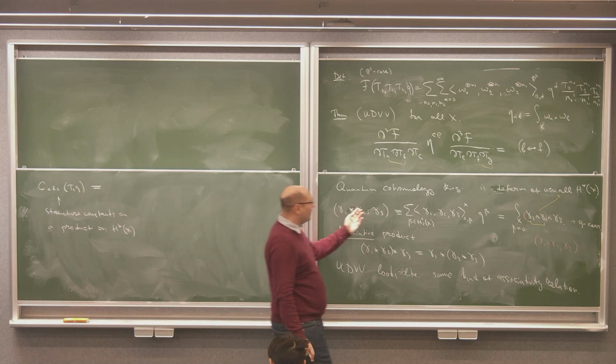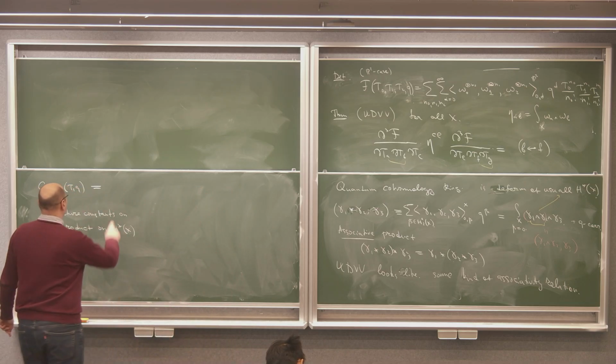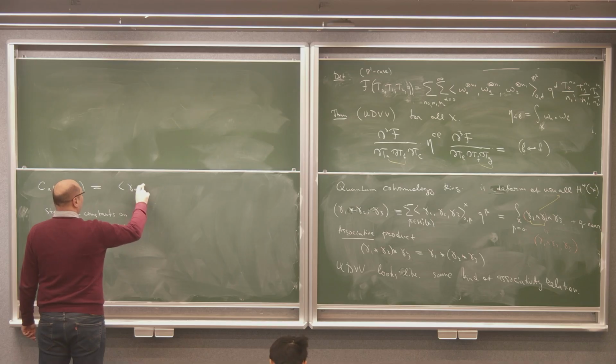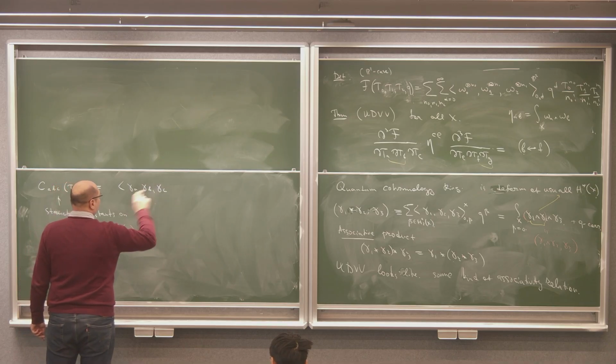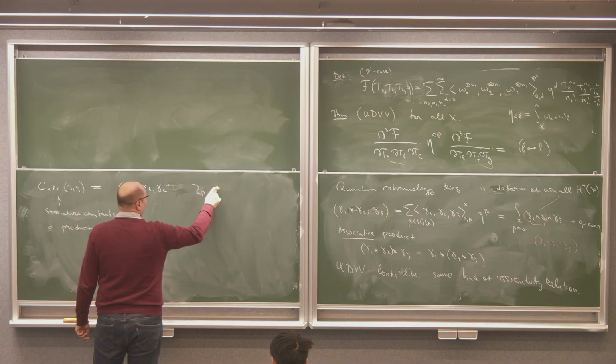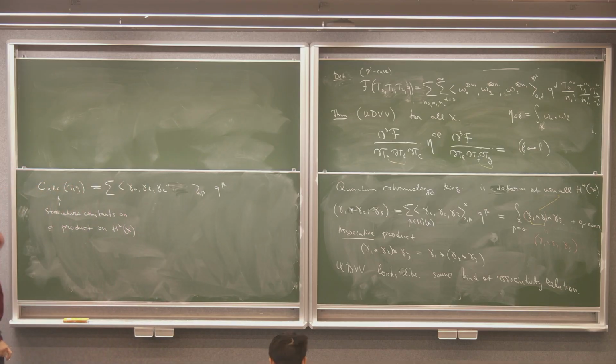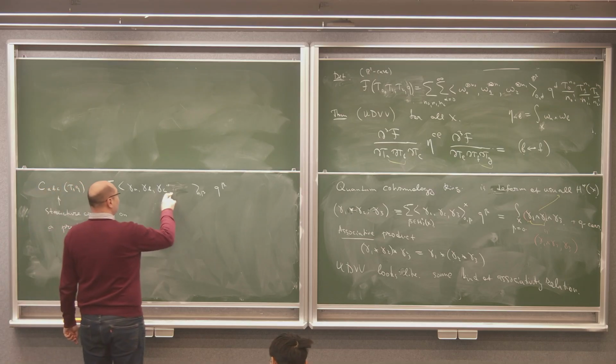Previously, the structure constant for the quantum cohomology product was just the 3-point function of gamma A, gamma B, and gamma C, with degree 0 and a summation over beta. So that was the usual quantum product, and now let me do the following thing.